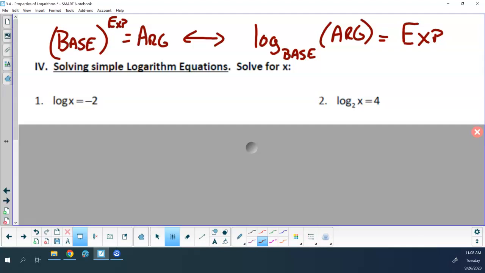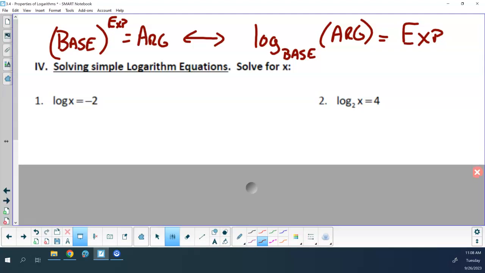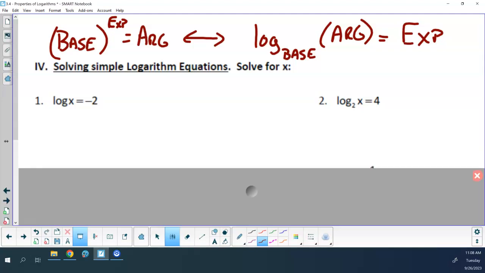So this, number one, is in logarithmic form. I need to solve for x, so I need to take it from logarithmic form and put it in exponential form. Well, when it's not written, it is assumed that the base is 10.